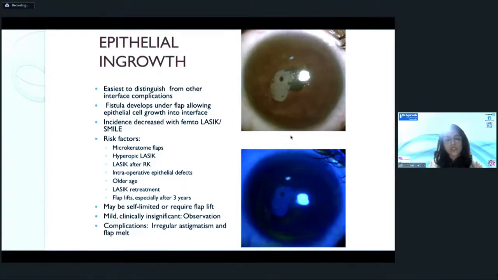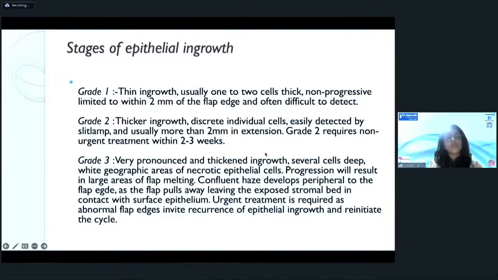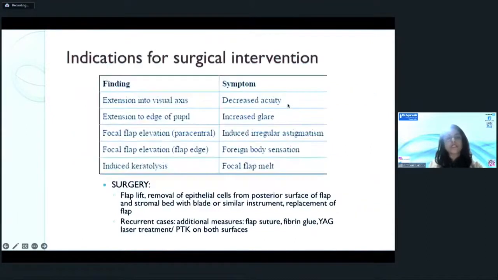And if they're really not causing any problem, you can just observe them, especially if there's no fistula associated with it, which you can make out just by doing a fluorescein dye staining. If you have complications, of course, you might want to treat. So it's been staged: within 2 millimeters, more than 2 millimeters, and those where you have other complications, such as when it extends into the visual axis, decreasing the acuity, or extends to the edge of the pupil.